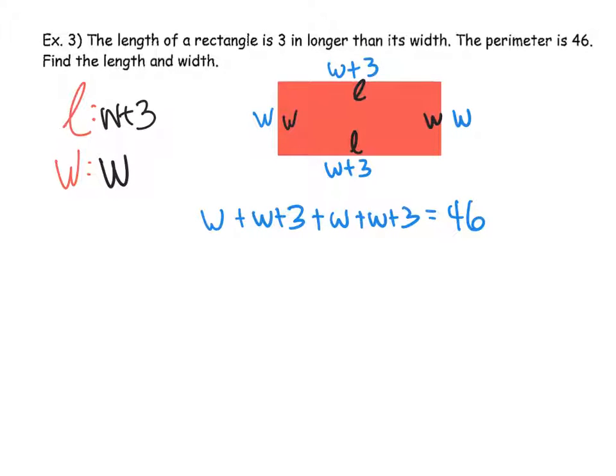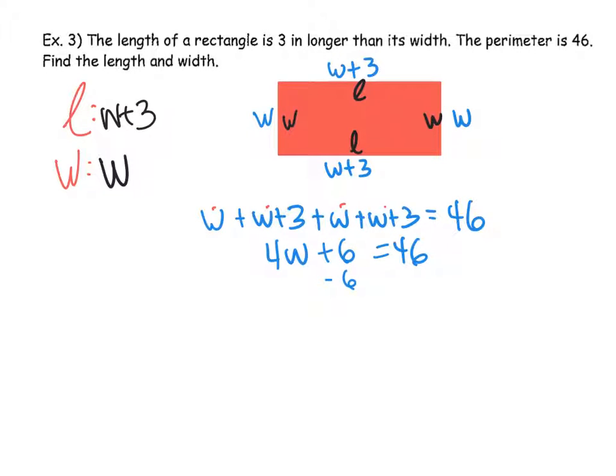How many W's do you see? 4W. 3 plus 3 is what? Is this getting easier for you with the equations? And this is really good practice for us to remember how to solve 2-step equations too. So many benefits. Okay.